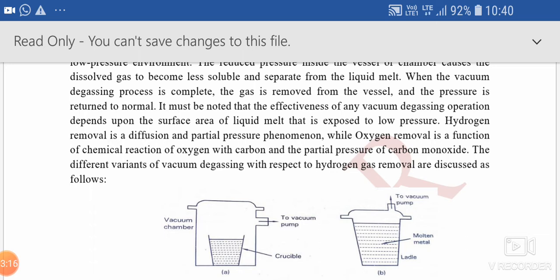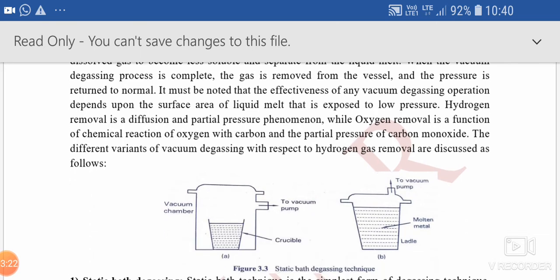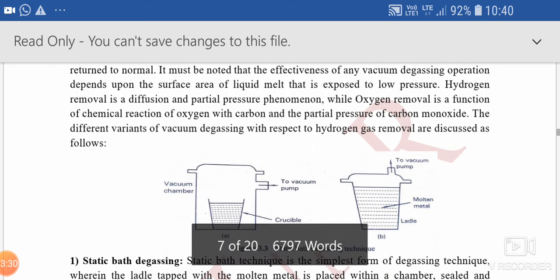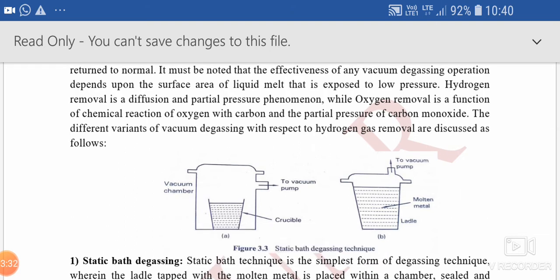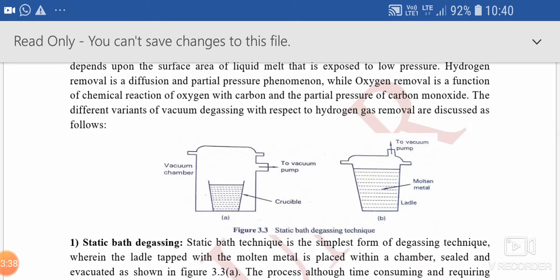When the vacuum degassing process is complete, the gas is removed from the vessel and the pressure is returned to normal. It must be noted that the effectiveness of the vacuum degassing operation depends on the surface area of the liquid melt that is exposed to low pressure.